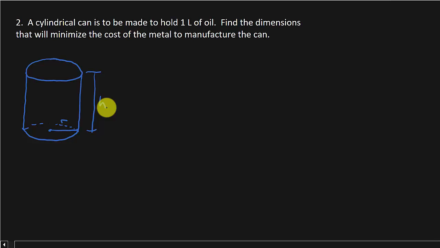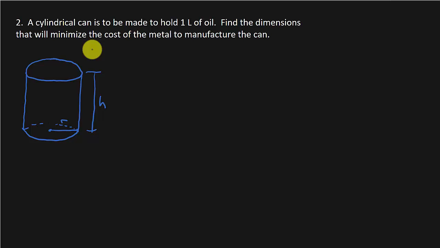Okay, now let's see what we're trying to find. Find the dimensions that will minimize the cost of the metal to manufacture the can. So that means we want the least surface area. We want the least amount of the surface area.